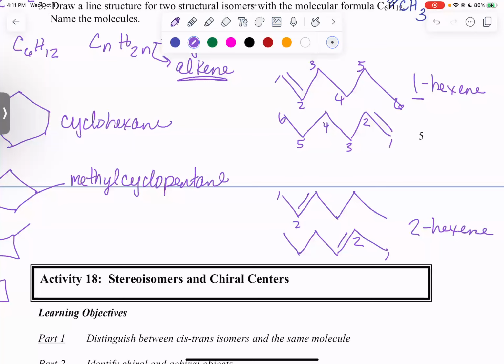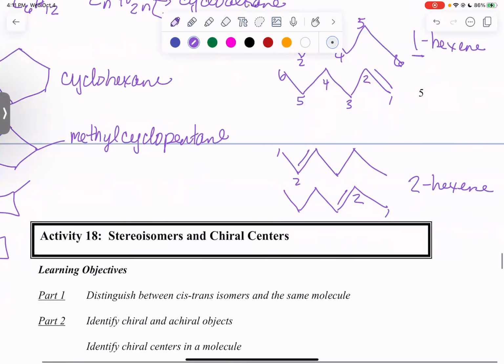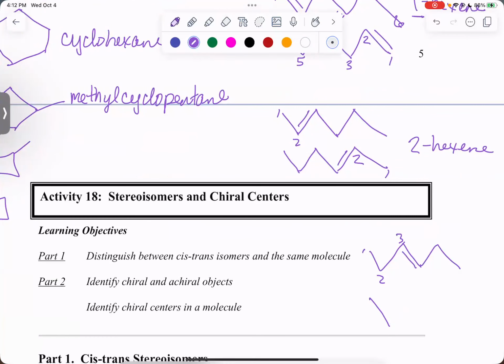So it's still 2 hexene. The other thing that I could do would be to draw 3 hexene. So that'd be 1, 2, 3. So that would go right there. And that's the same thing as if I come in from here. 1, 2, 3. It's still the same, exact same drawing. So this is 3 hexene. Put a dash in there. Okay, that's it. I hope that helped.